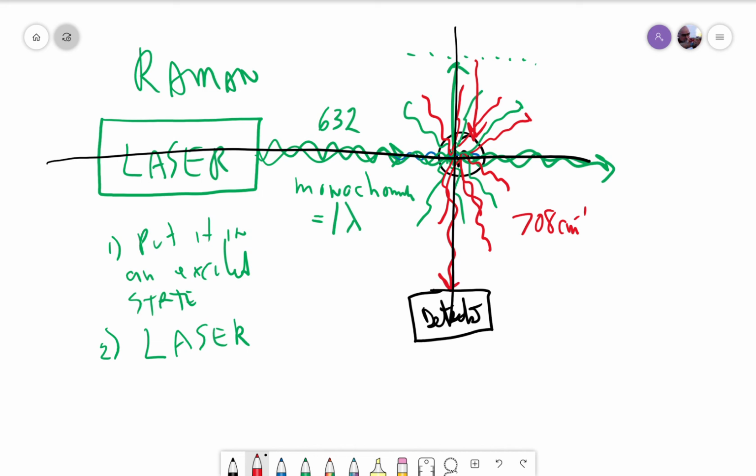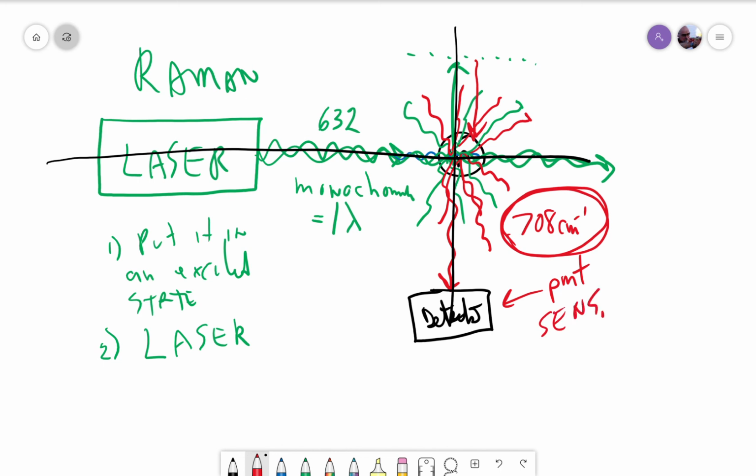The type of detector we're using now is not going to detect IR, but it is going to detect the visible Stokes emission. That means that we can use a photomultiplier tube as our detector. This is incredibly sensitive.